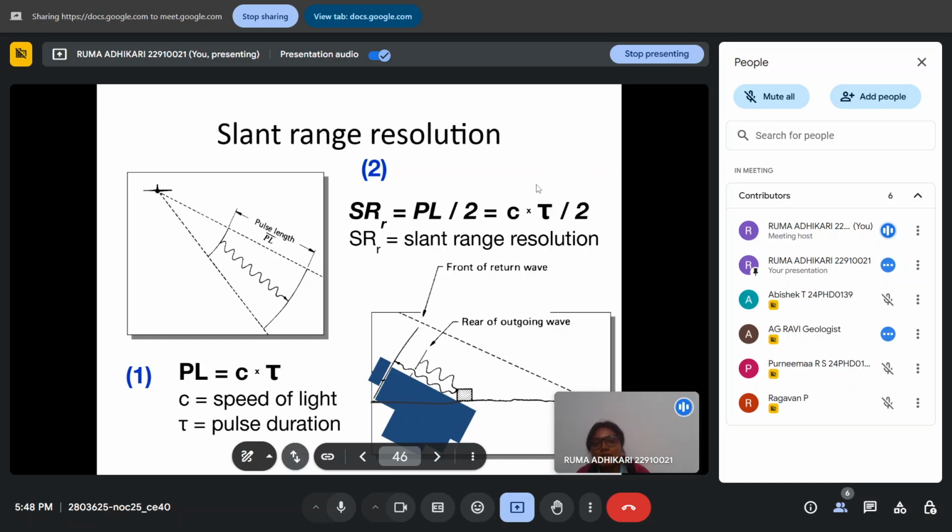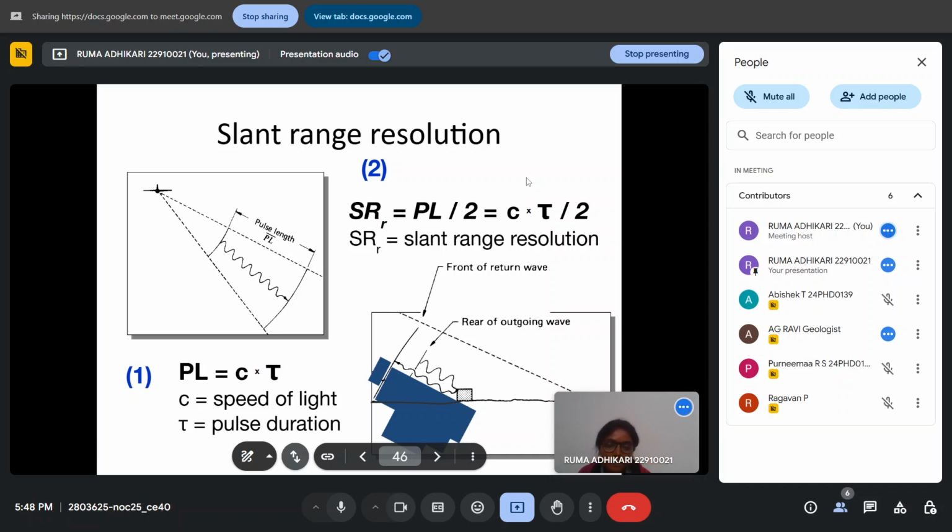The slant range resolution formula is c tau by 2, where c is the speed of light and tau is the pulse length, the pulse duration, divided by 2. So the range resolution is the across-track resolution, towards where the sensor is directing.